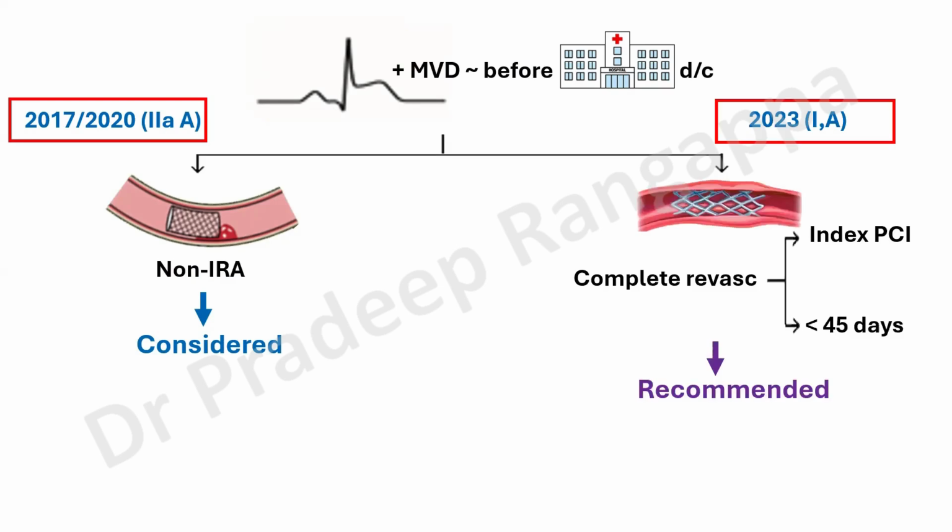In 2023, a strong recommendation with a good level of evidence is that complete revascularization after the index percutaneous intervention has to happen within 45 days. So which means the whole focus is going more invasive, and recanalization or percutaneous intervention of the diseased vessels, if need be, has to be accomplished within 45 days of the event, before hospital discharge, is what has been recommended.